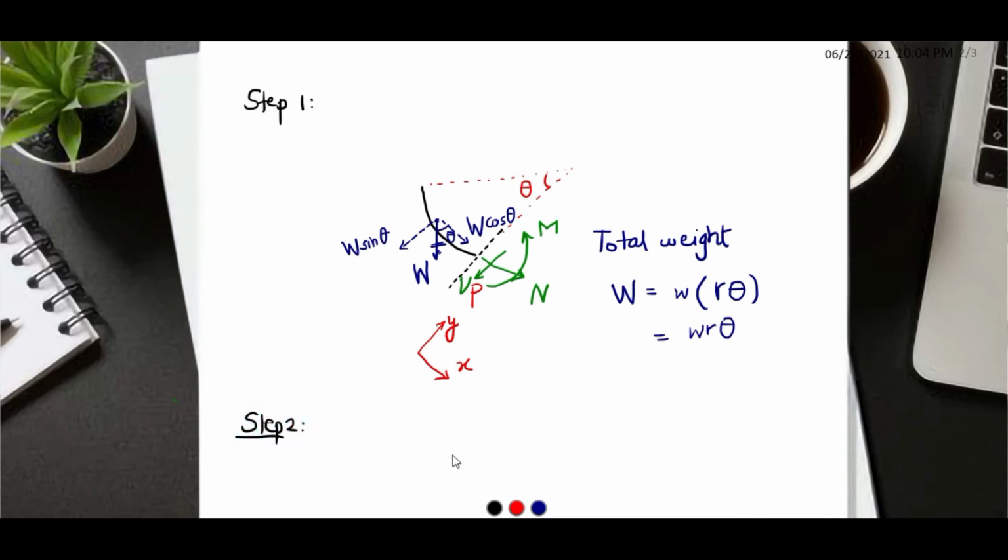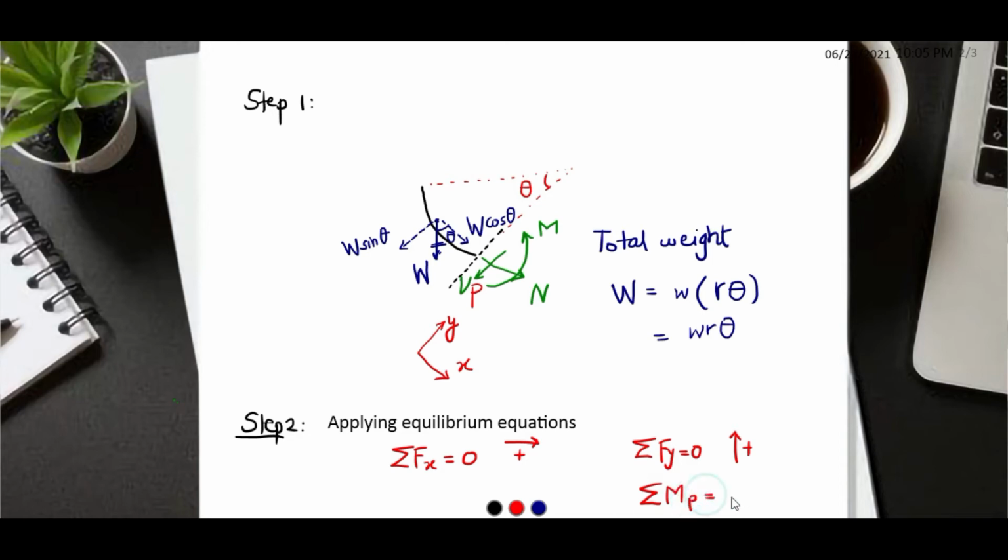Step 2 is to apply the equilibrium equations, which are: summation of forces in the x direction is 0, considering forces in the positive direction of x as positive; summation of forces in the y direction is 0, considering the positive y direction as positive; and summation of moments at a point which allows rotation must be 0.